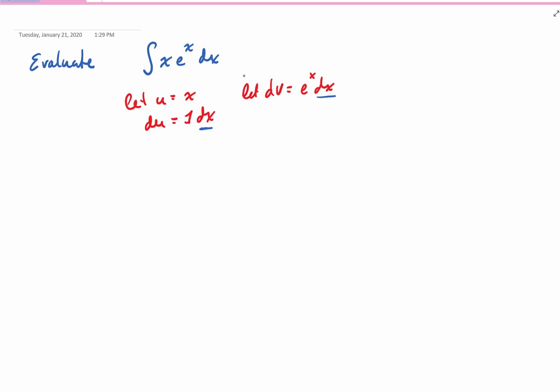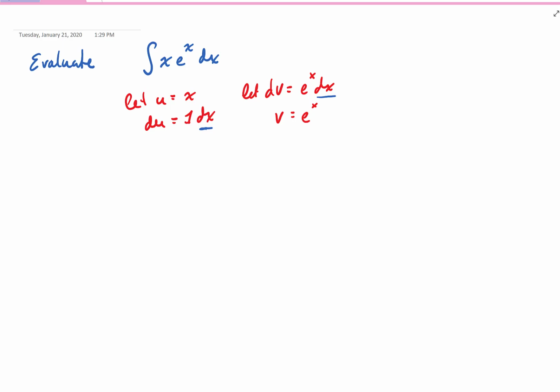And you really do need it because it's going to be a true substitution. In place of e to the x dx, we're going to think of it as the expression dv. And then by integrating this, which is easily integrated, we end up with v is equal to just e to the x.